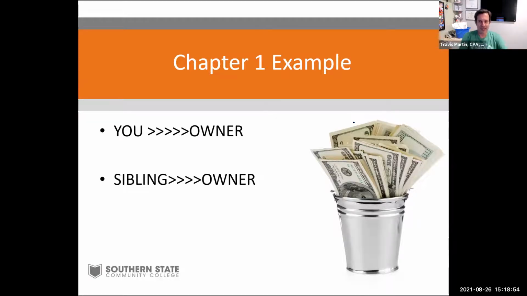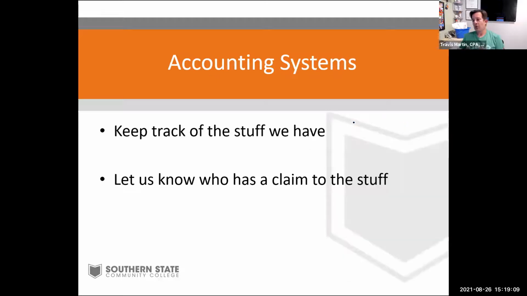And so you pooled your money together, you stuck it in the most logical place you could possibly put a bucket of money, right by the front door. And every time you go out, you're going to take money out of the bucket and go out. Well, we need an accounting system to keep track of that bucket of money. So the accounting system that we've developed for this bucket of money is not really any different than the accounting system that we have at Walmart or at Target or Netflix or Ford or any of them.